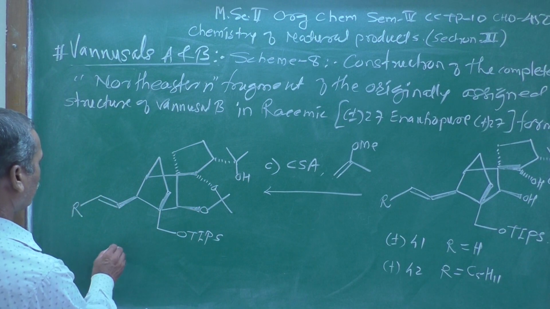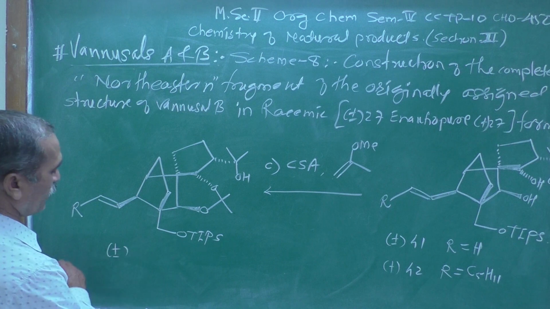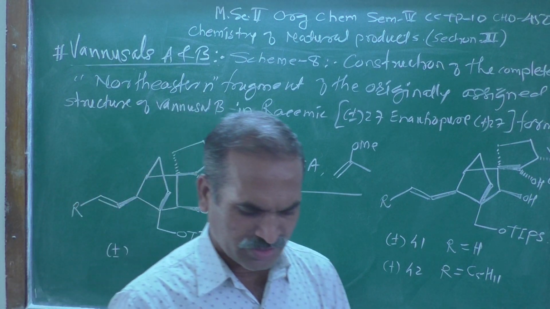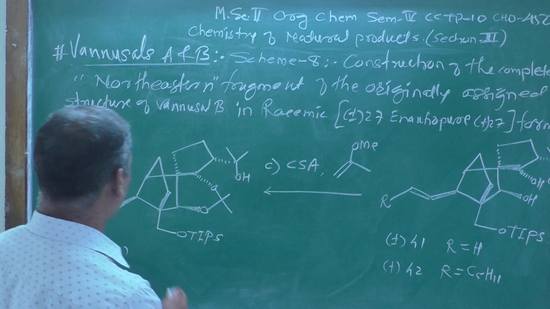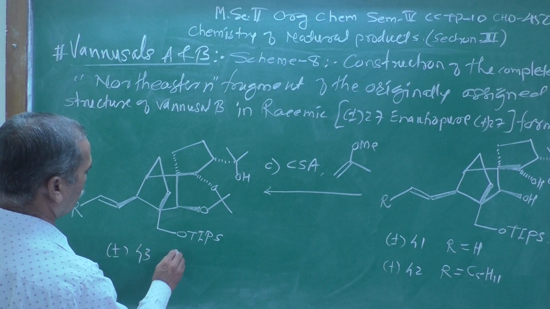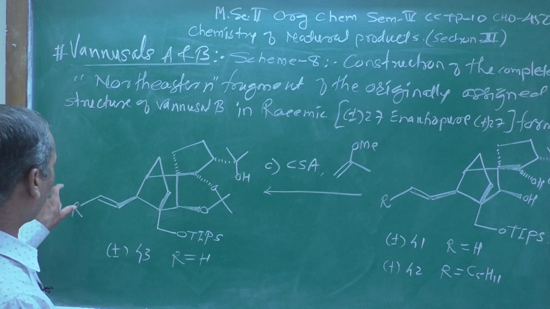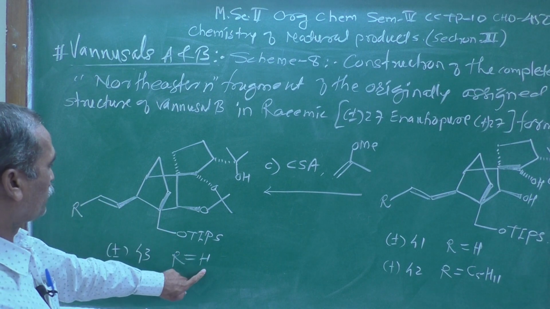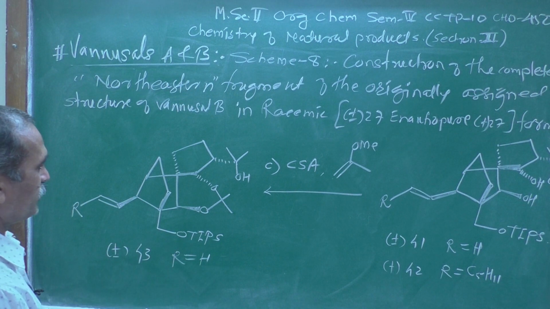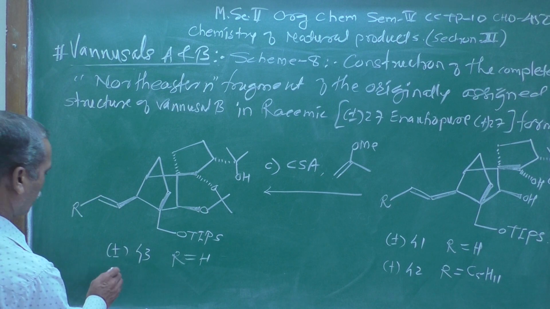Now here the plus minus racemic mixture, that is 43, when R is equal to hydrogen, that will be the racemic mixture of 43.